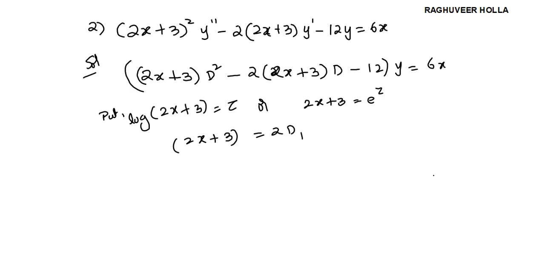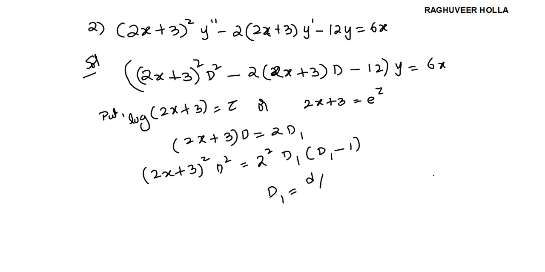This is for the first derivative. Now for the second derivative, (2x plus 3) whole squared D squared is equal to 2 squared, D1 into (D1 minus 1), where D1 is equal to d by dz.